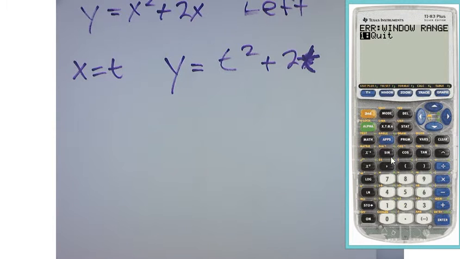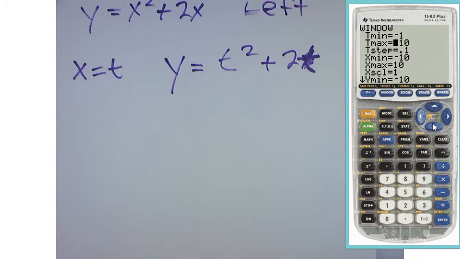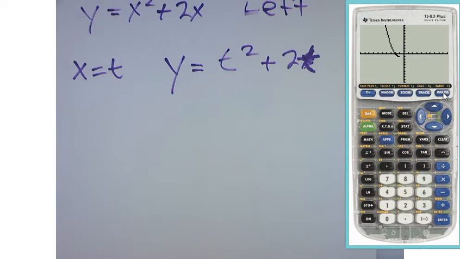So let's do -5. Well, same thing. Oh, you know why it's saying that? Because you have the -1 on the minimum. So we've got to do -10 here, and then -1 here. How's that work? Let's see if that'll work. Oh, that works out perfect.